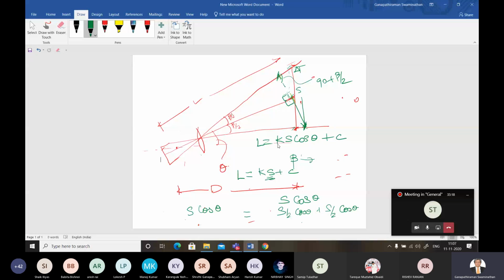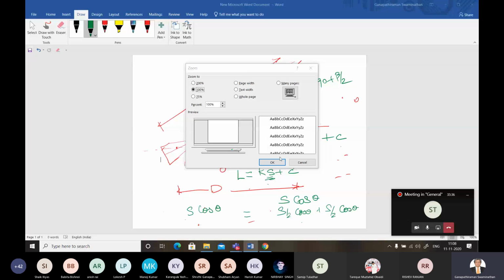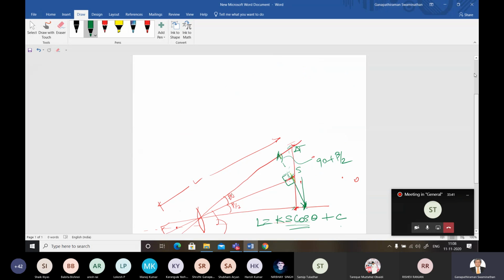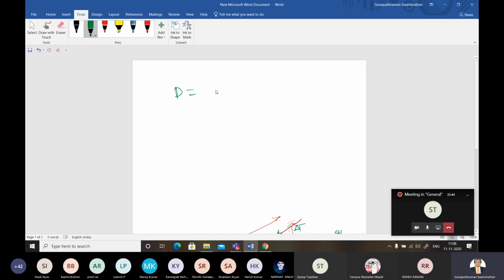So K into S cos theta plus C. What is D? D is L cos theta. So D is equal to K into S cos square theta plus C.